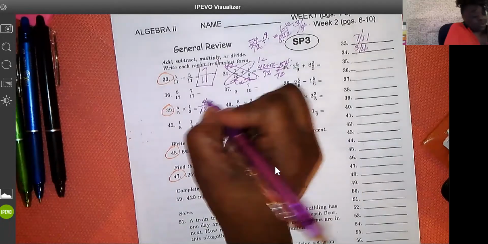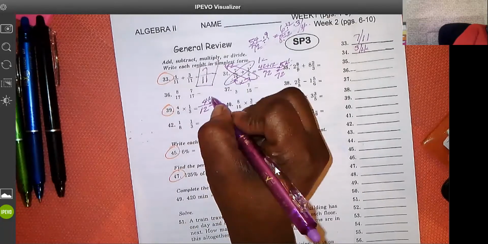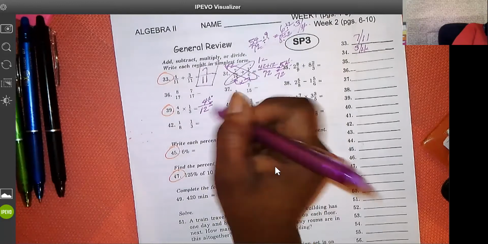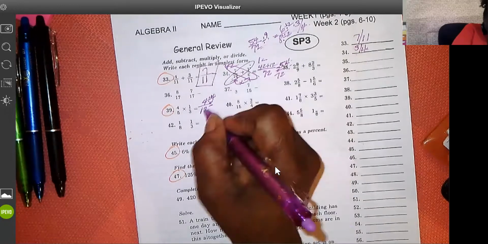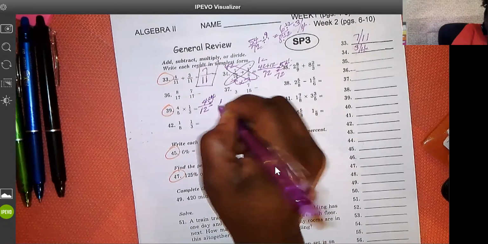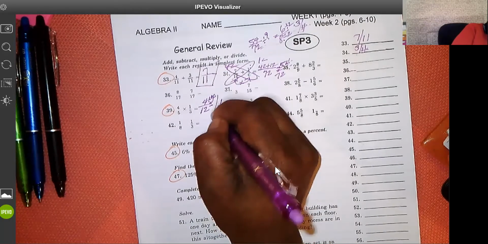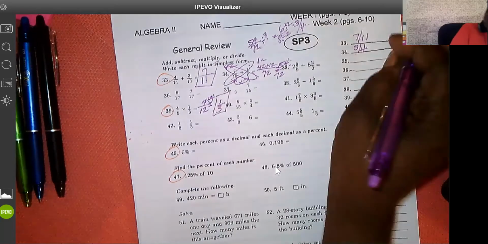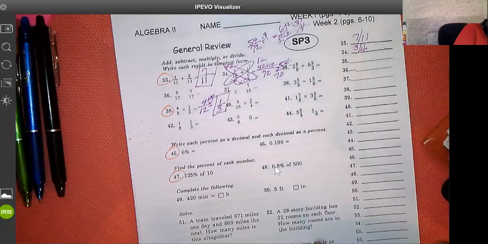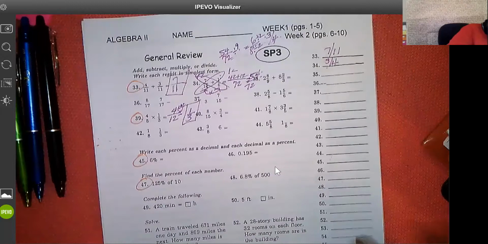So to simplify, we're going to divide by 2. Or actually, we can divide by 4. So 4 divided by 4 gives us 1. 12 divided by 4 gives us 3. So we know that's our lowest term. So for number 39, our solution would be 1/3.